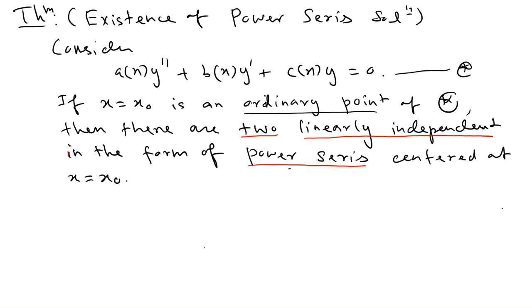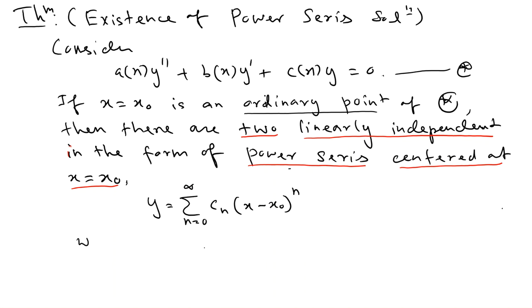That's also important, centered at that point. So if you know that there is an ordinary point, then there are two linearly independent solutions that can be given as power series. Those solutions can be given as y equals the sum from n equals 0 to infinity of a constant times (x minus x naught) to the n. So you can find two solutions in this form.